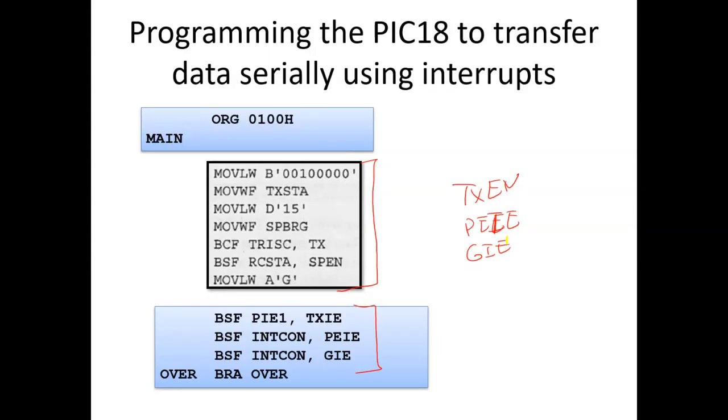Okay, so bsf the TXIE, bsf the PEIE of the INTCON register, and bsf the global from the INTCON register. In this example, you don't have a main task, so here you just make an empty loop with branch. That's it. So this is the same example by using the polling technique and by using the interrupts.